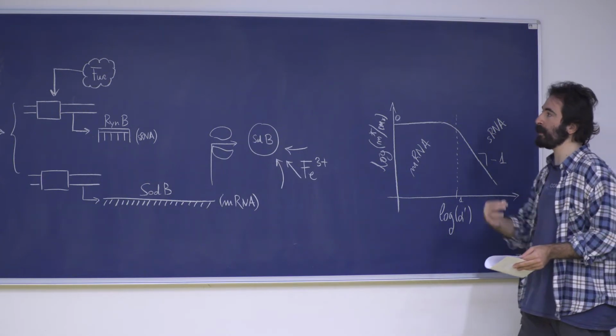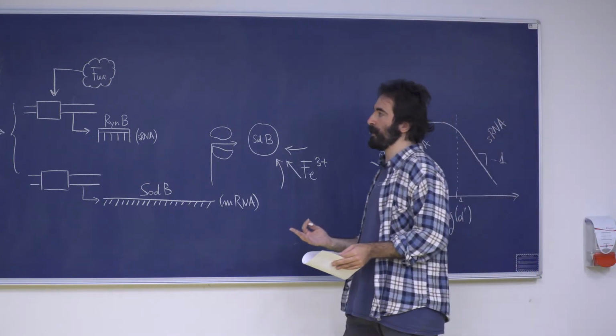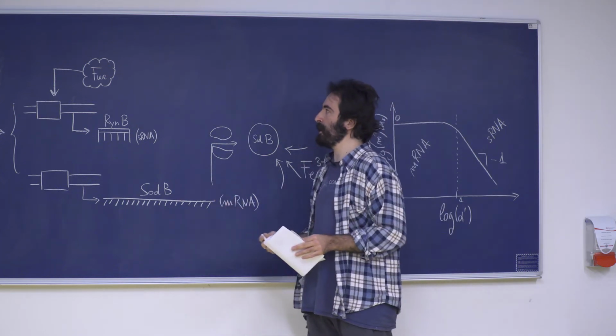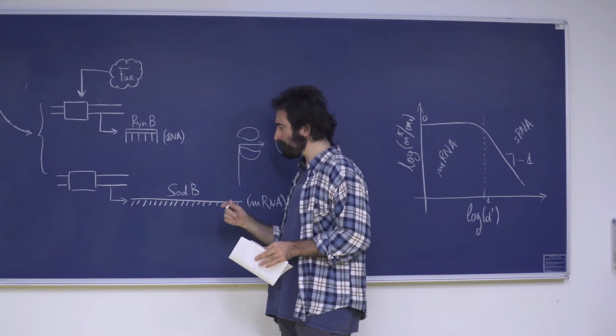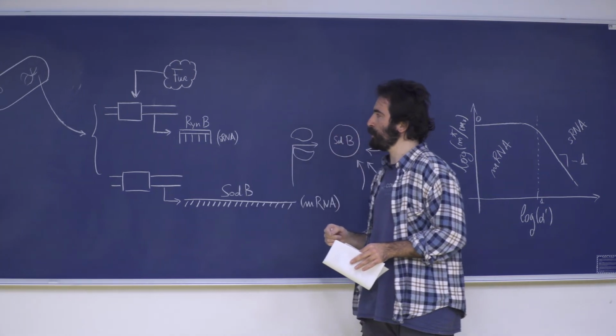And as a matter of fact, there are many examples that you could find in the literature. There is one maybe famous example, which is the case of these two genetic components.